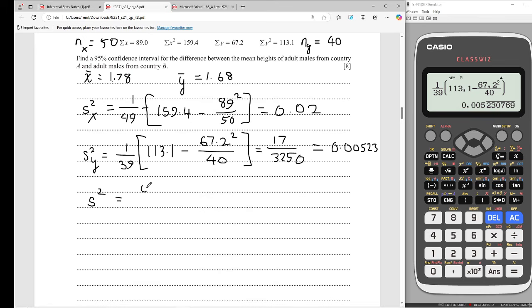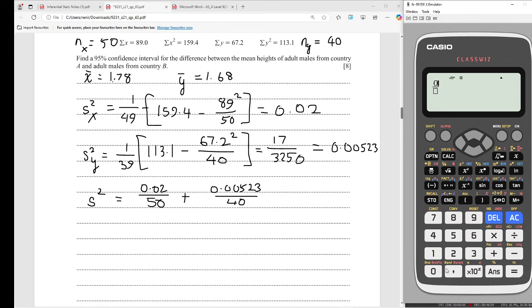S2 is equal to 0.02 divided by number of terms of x, which is 50, and we add that with S2 of y divided by number of terms of y, 523 divided by 40 terms. And let's perform this calculation right here. 0.02, which is S2 of x, divided by 50 times your answer. I saved our S2y as answer, and we divide that with number of terms of y, which is 40, and we get this fractional value here, 1300.